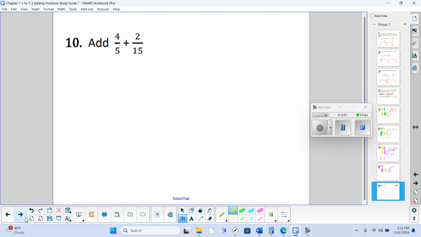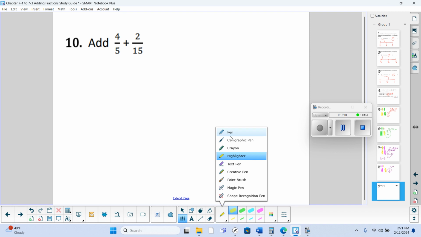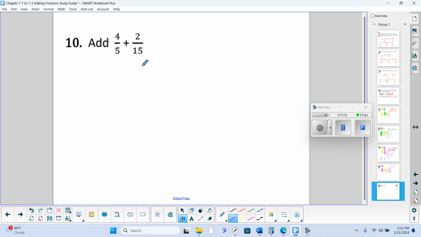And now the last problem, we have 4/5 plus 2/15. Well, I'm going to spare you the listing of the multiples. It's pretty clear to me the common multiple that they share. Least common multiple is 15, right? So 4/5 would be something out of 15, plus 2/15. 2/15 is clearly going to remain 2/15 because 2 out of 15 has to be 2 out of 15.